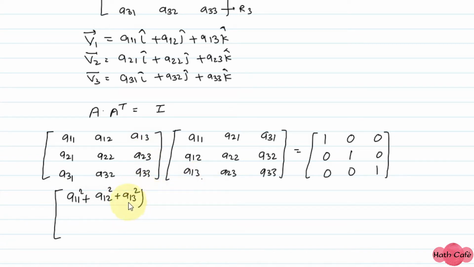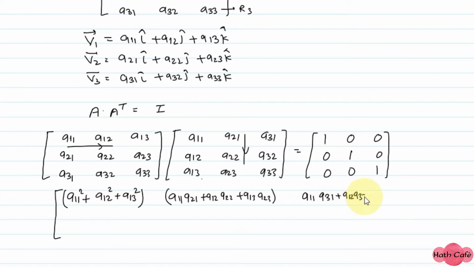The second element: this row will be multiplied by this column, so we get A11 A21 plus A12 A22 plus A13 A23. The third element is A11 A31 plus A12 A32 plus A13 A33. This is the third element of the first row.